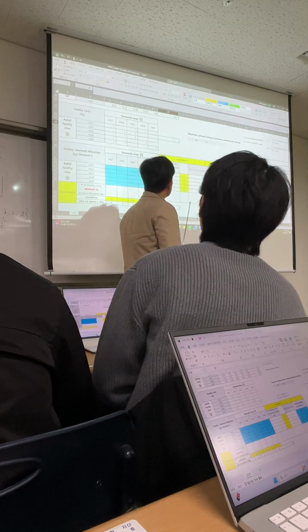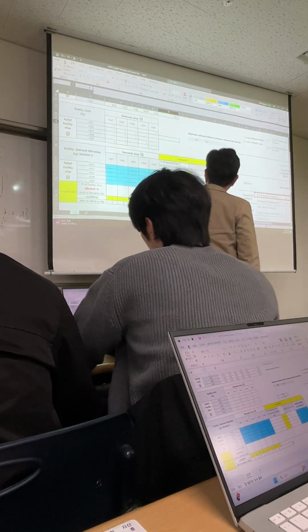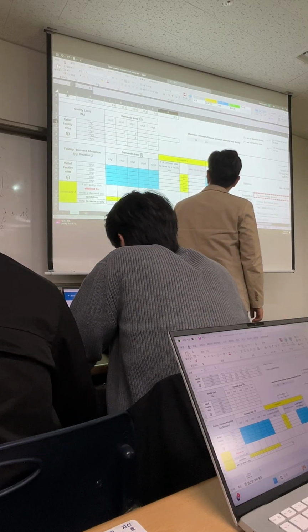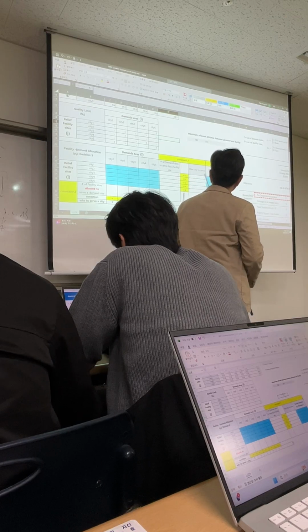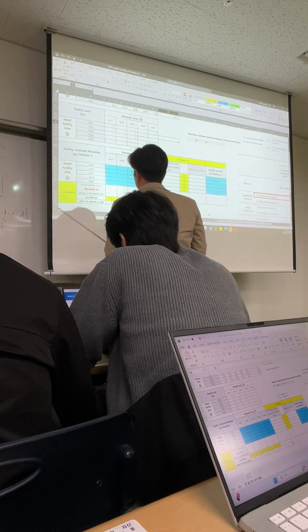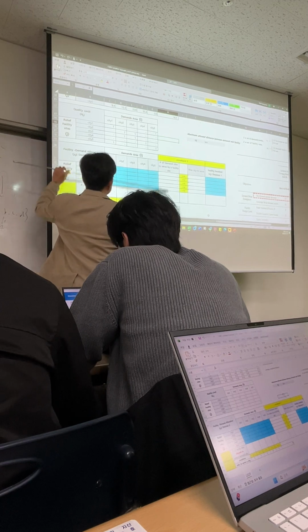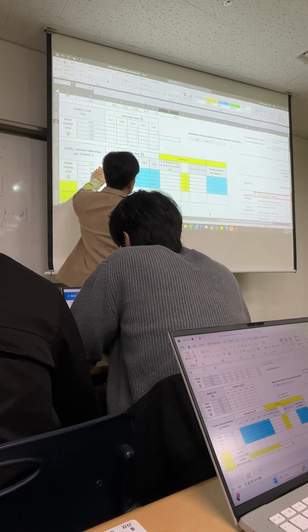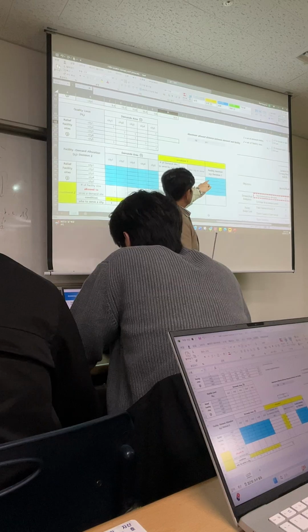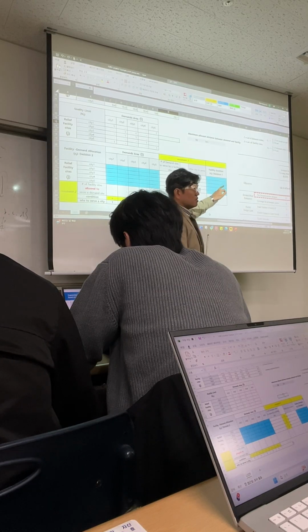Okay? And then the last constraint that you have to remember is the facility side. So, for example, here, this is your decision variable, isn't it?